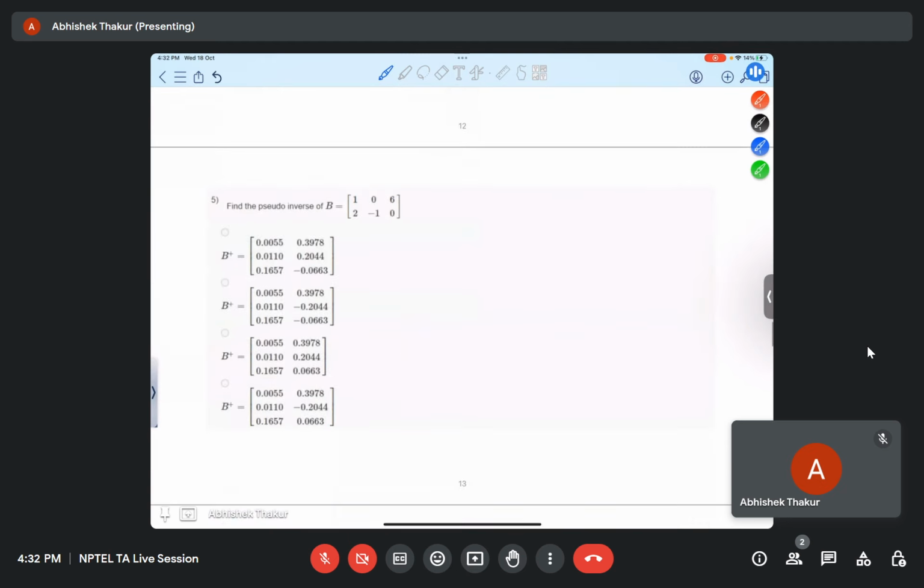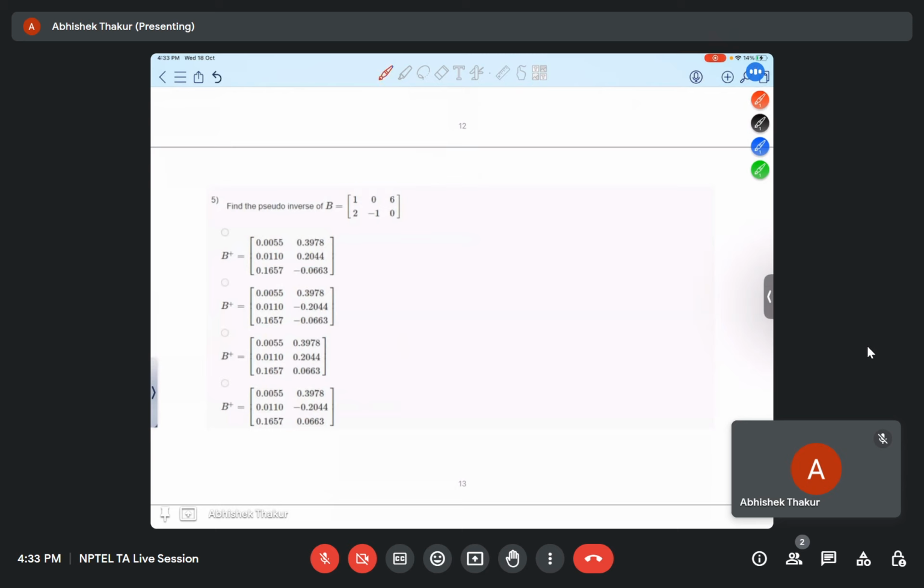So now we will solve the question on pseudo inverse, that was taught in week 4. Pseudo inverse is also known as Moore-Penrose inverse.